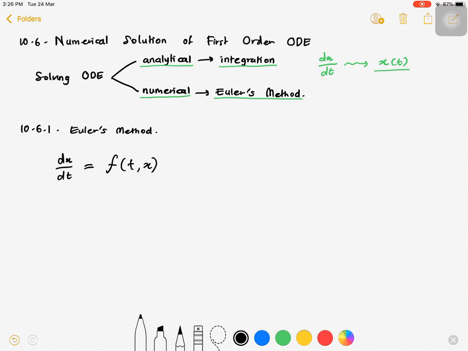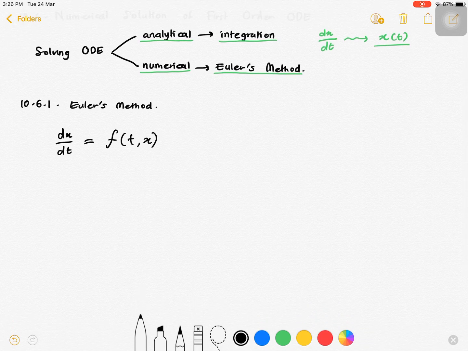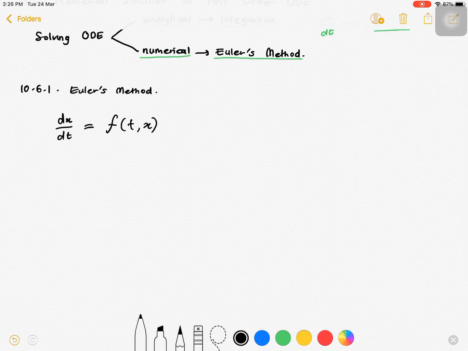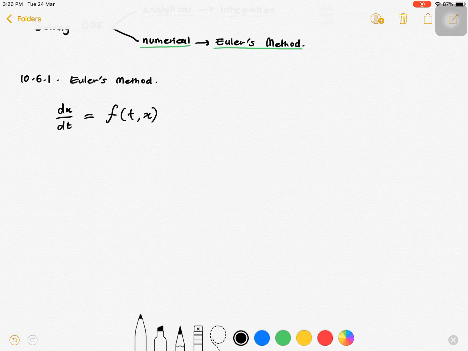Okay, so now how to use Euler's method. This is the concept. I will tell you. First, I'll draw you a curve right here. So this is the graph of x against t.